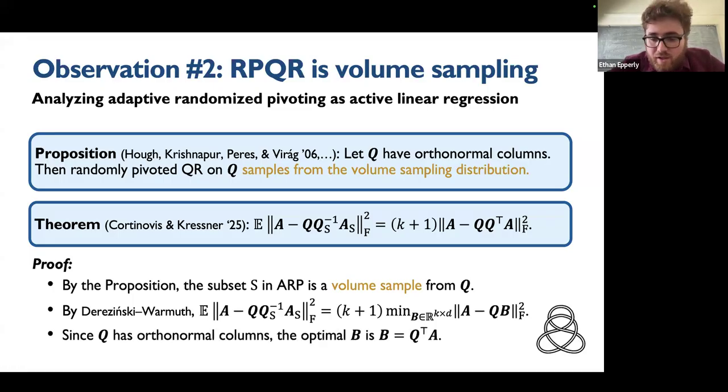Since Q has orthonormal columns, the optimal B is just Q transpose A. So we string these three sentences together, and I have indeed proved this Cortinovis-Kressner adaptive randomized pivoting theorem as a consequence of this Dereziński-Warmuth theorem.